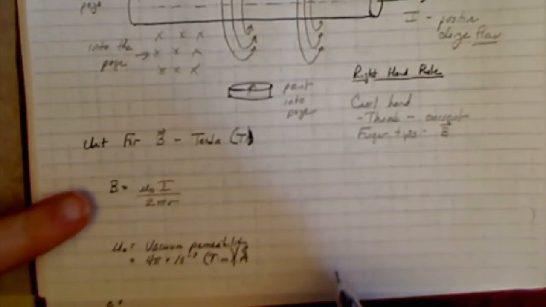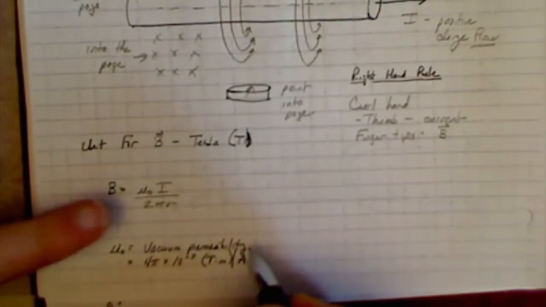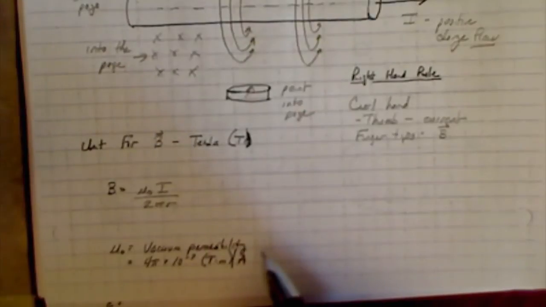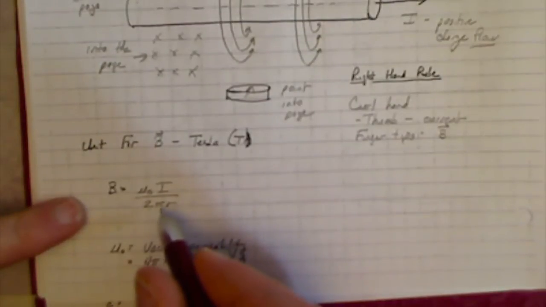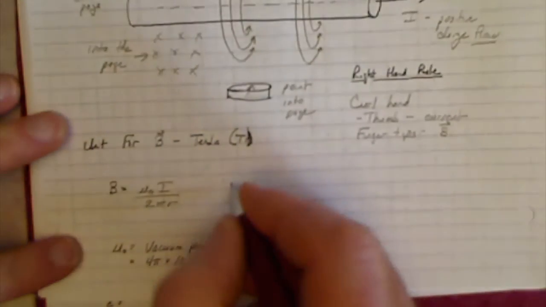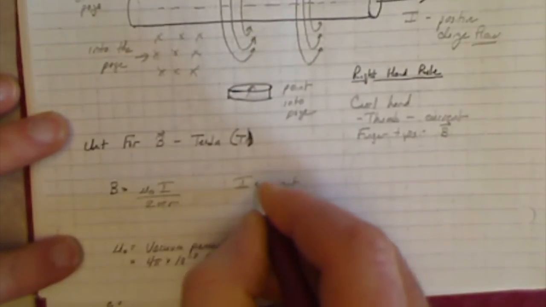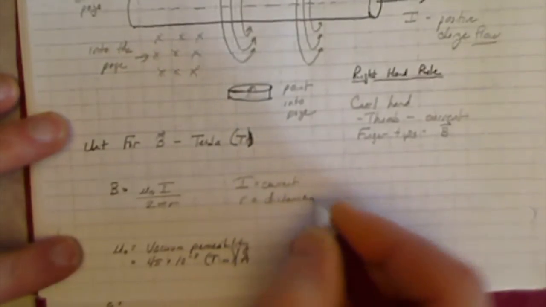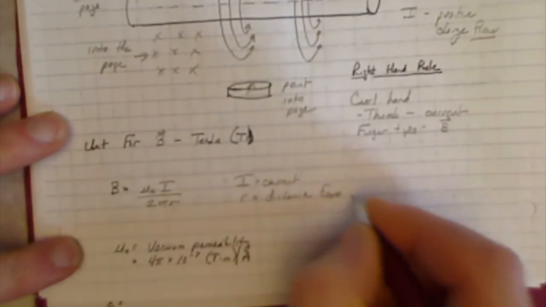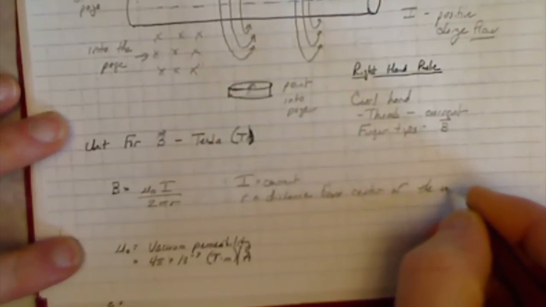Your magnetic field strength is going to be equal to mu0, that is the vacuum permeability. It's a constant. It's basically how easily a magnetic field will pass through a vacuum, times the current, divided by 2 pi r. And so I, we know, is going to be our current. R is a distance from the center of the wire.